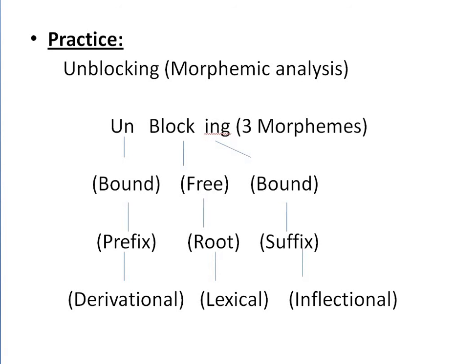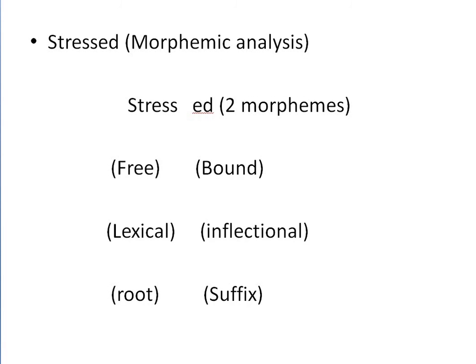Now let's take another example. The word stressed. We are going to do the morphemic analysis of the word stressed. First, we have to divide the word into morphemes: stress and ed, 2 morphemes. Now, what is free and what is bound? Stress is a free morpheme.